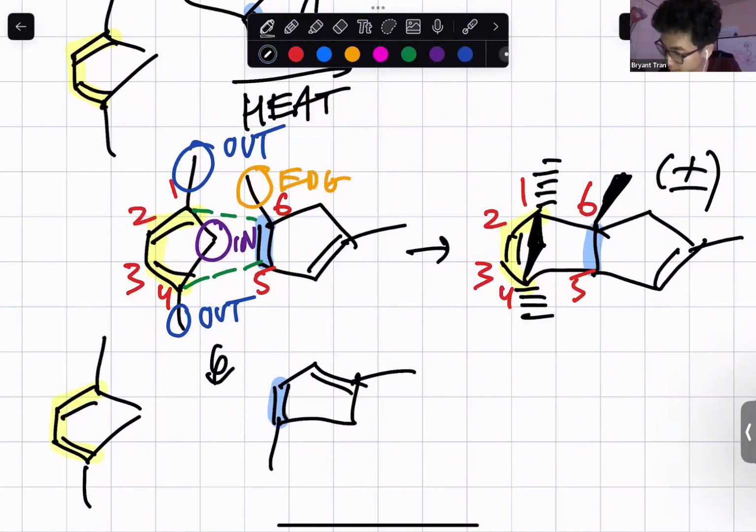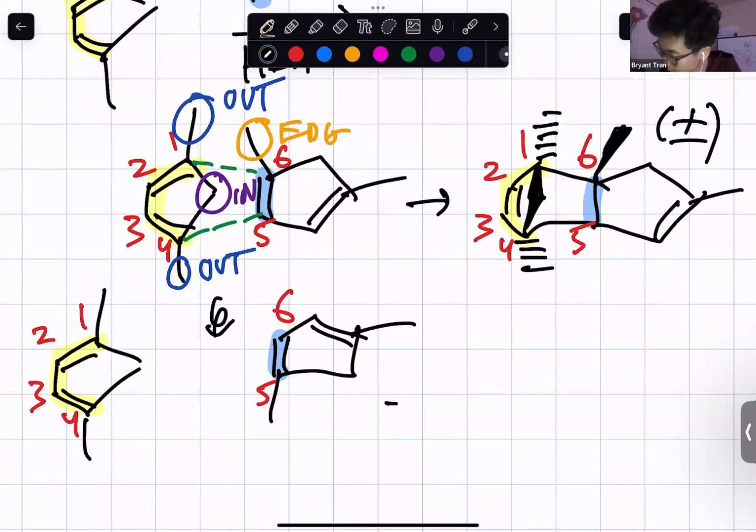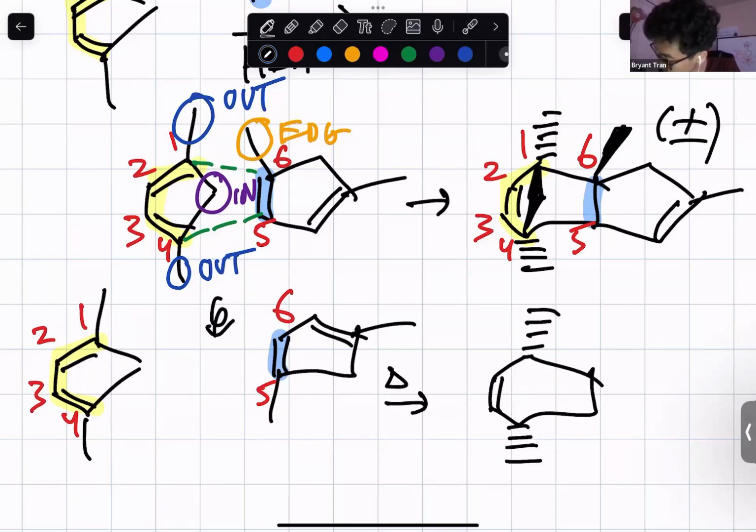And this is going to be atom 1, 2, 3, 4, 5, 6 with heat gives us this product. Dash, dash, wedge, wedge. Atom 5 is going to be a wedge methyl down there.